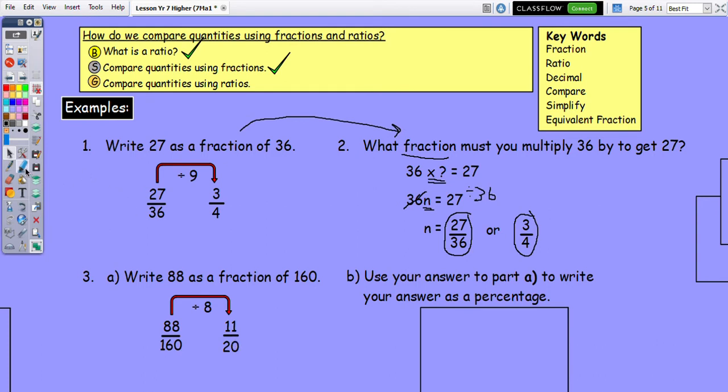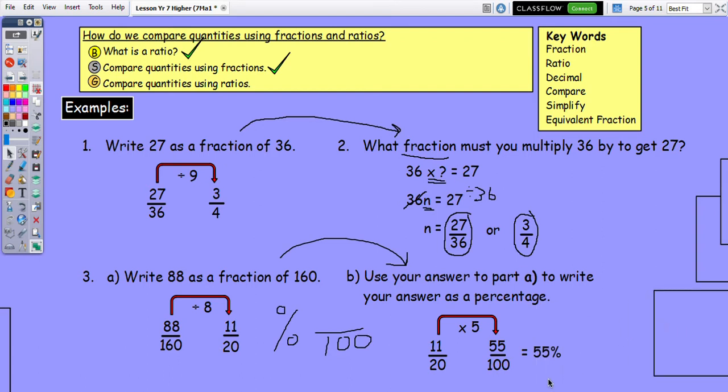I could be asked, if I wanted to, to change this into a percentage. Again, we've covered percentages. Remember that percentage means out of 100. So all I have to do is essentially get the bottom number, the denominator, to 100. It's quite lucky that the bottom number in this case is 20.